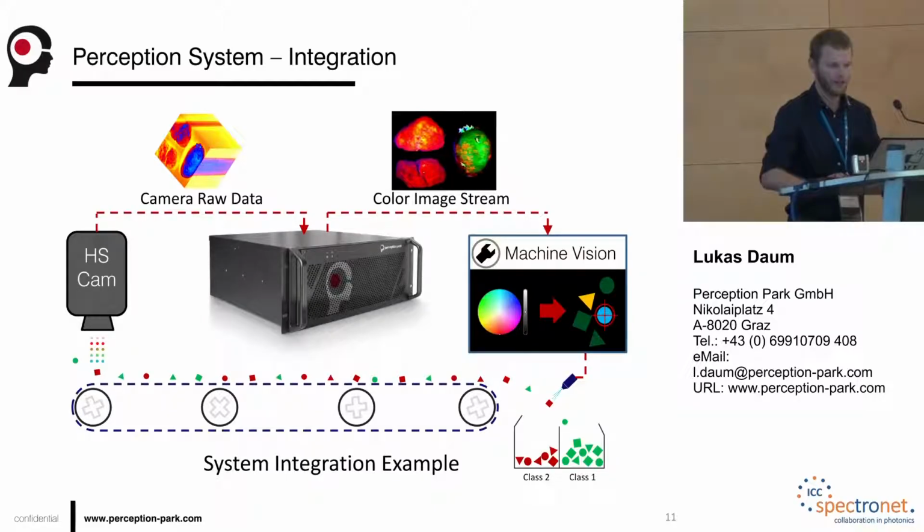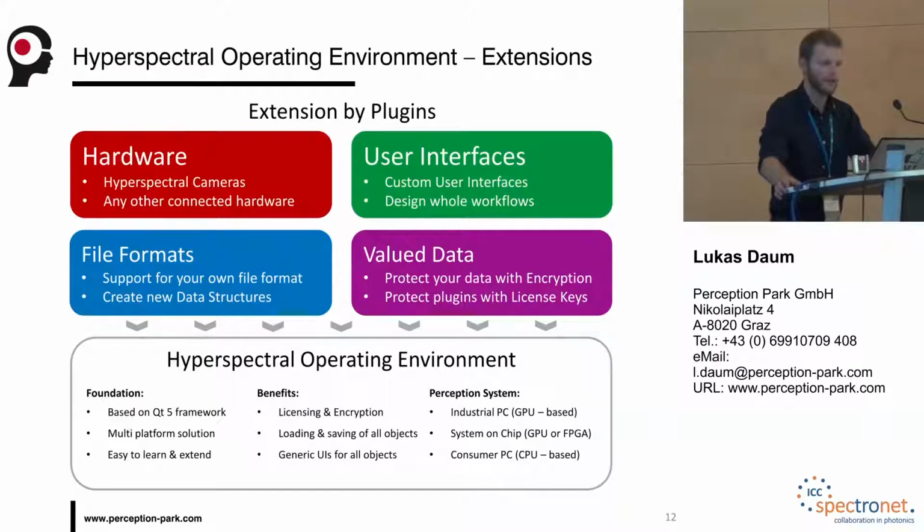And at the end, I also want to mention some further extension points of our so-called hyperspectral operating environment. You can not only add more processing functions, you can also add more hardware units to be used with the system. You can add user interfaces, so if your customer needs special user interfaces for any purpose, you can just create a plugin and add that to the system.